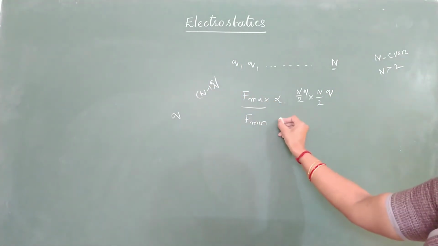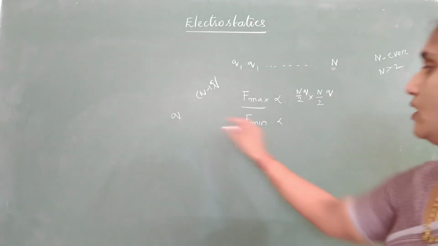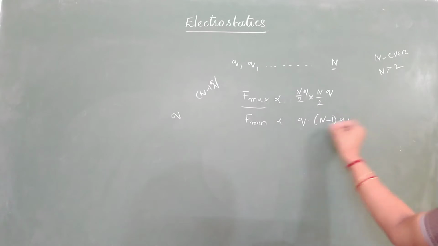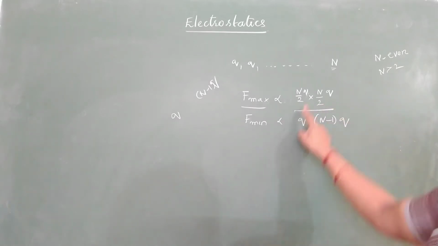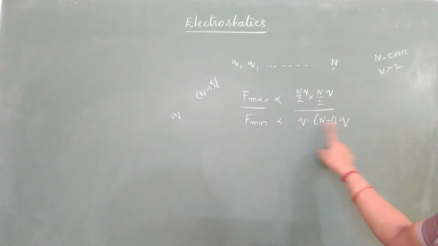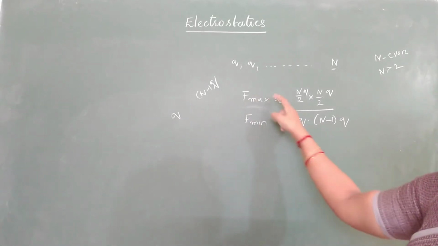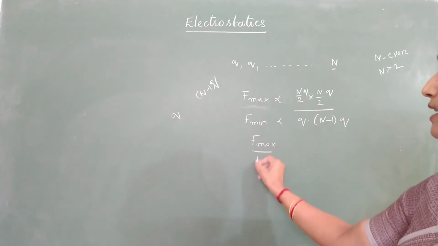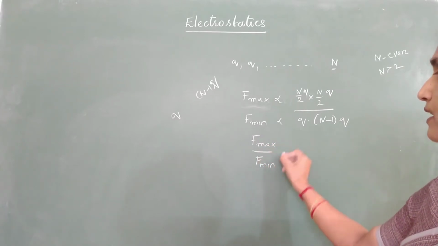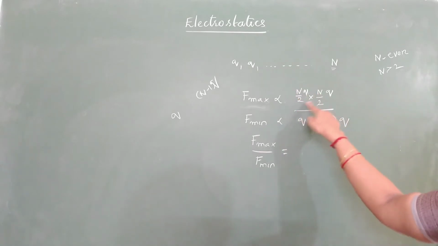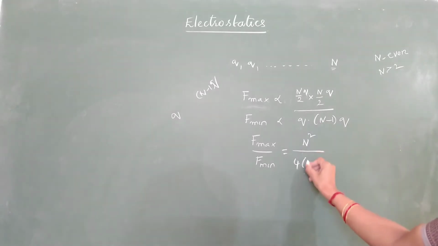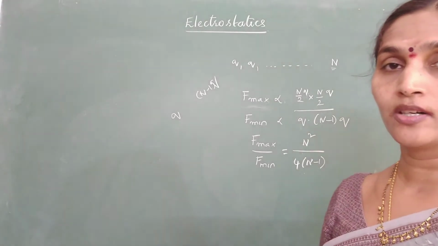Now the minimum force is proportional to q into N minus 1 q. Anyway, we want the ratio between them. q and q will get cancelled. F max by F minimum will be N square by 4 in the numerator, denominator N minus 1. This gives you the ratio of maximum to minimum force.